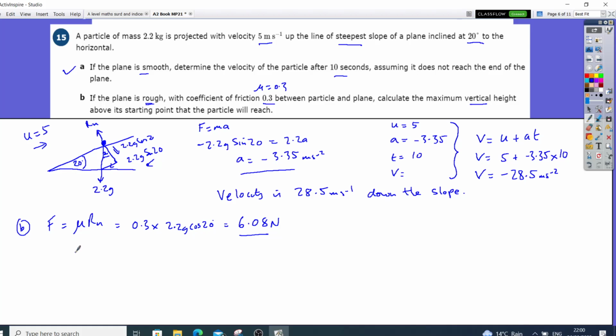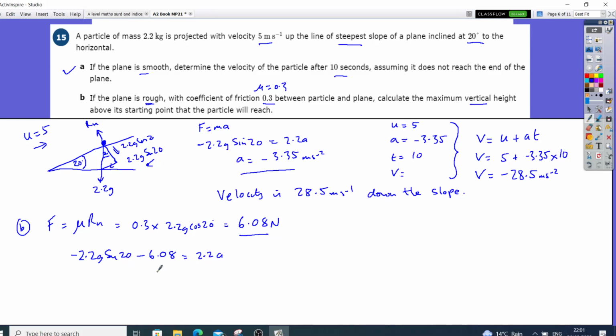So it's going to be minus 2.2 g sine 20 minus the friction 6.08, because the weight is going against it and the friction is going against it, and that's going to equal 2.2 a, because of Newton's law of force, mass and acceleration.